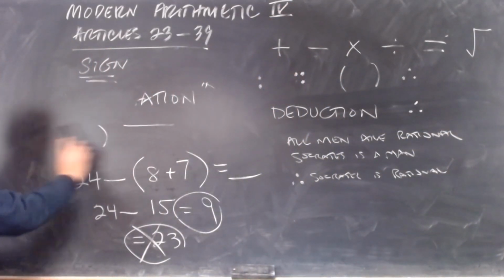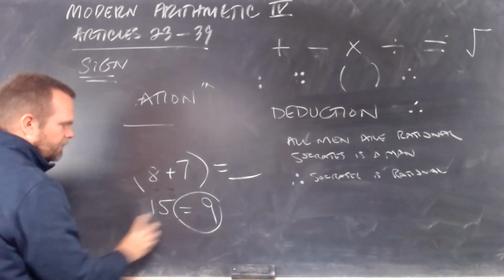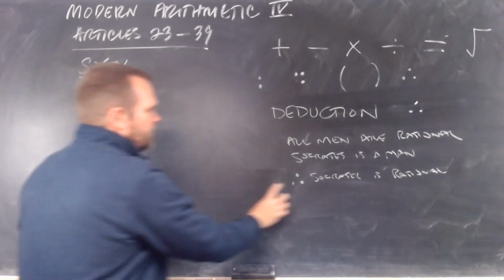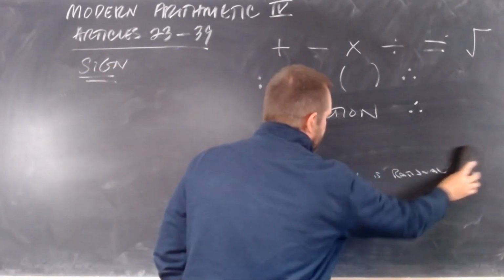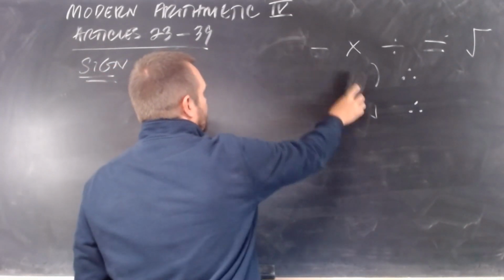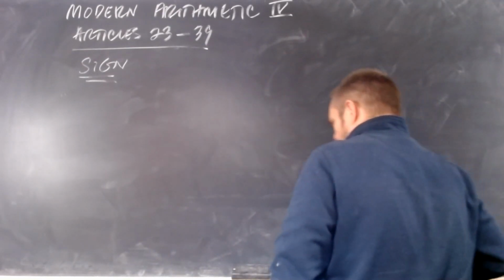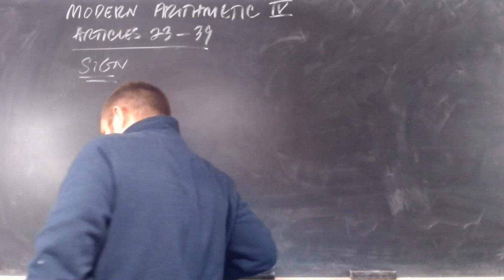Arithmetic depends on this primary proposition, or the assumption that all arithmetic is based on is the assumption that any quantity may be increased or diminished.